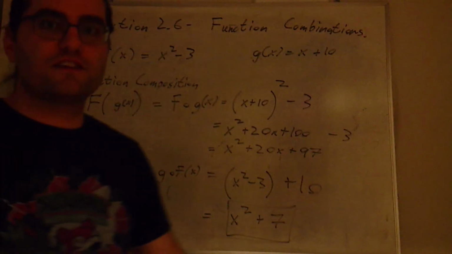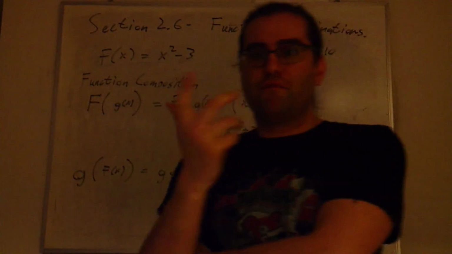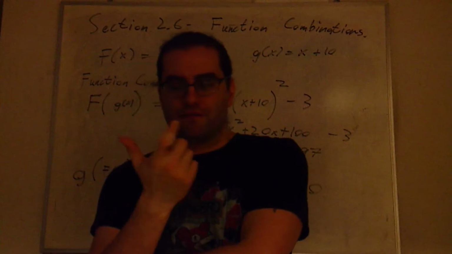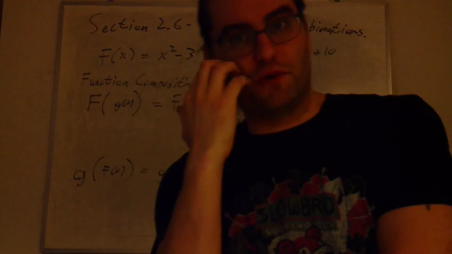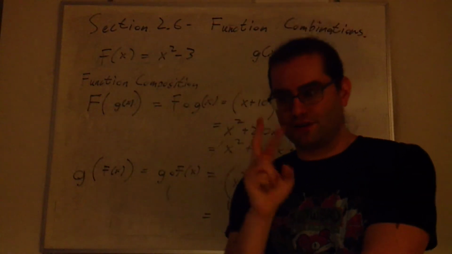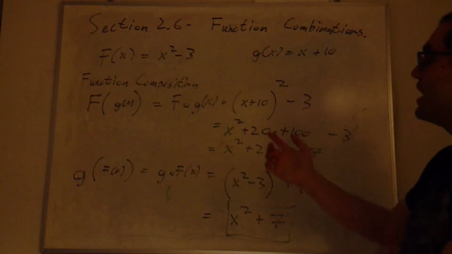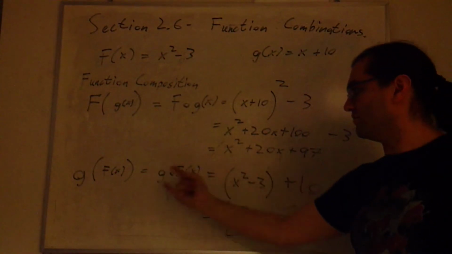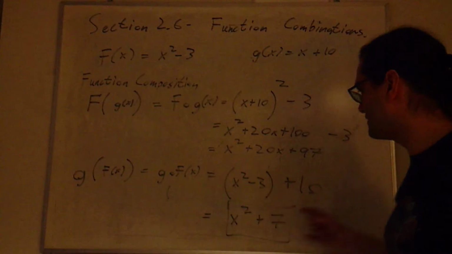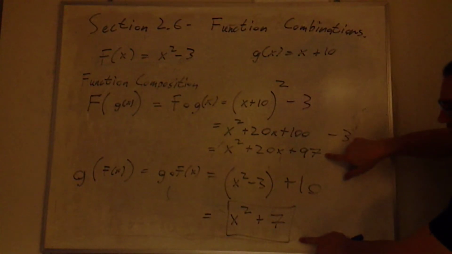So in multiplication and addition, the order doesn't matter. 5 plus 3 is the same as 3 plus 5. 5 times 3 is the same as 3 times 5. These operations are commutative. You can do them in either order and you'll get the same thing. Function composition is not commutative. If you change the order of what goes inside the other piece, you often get very different answers.